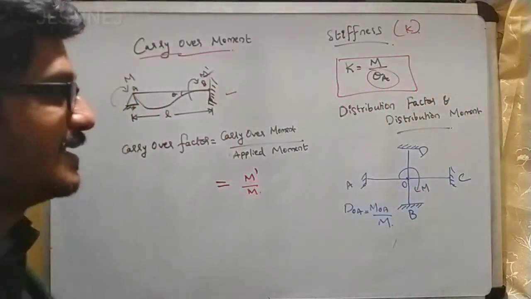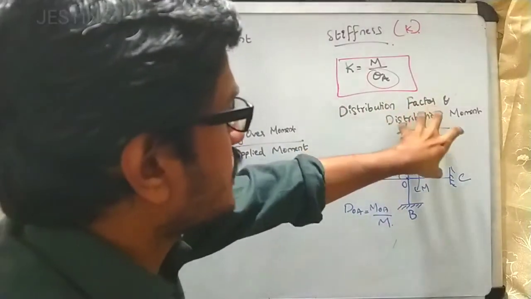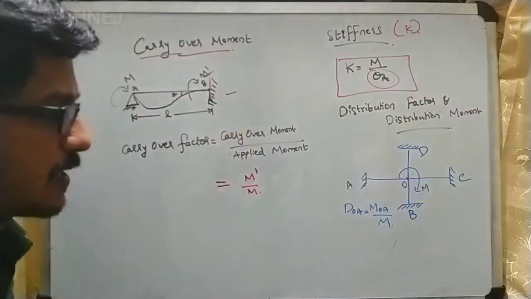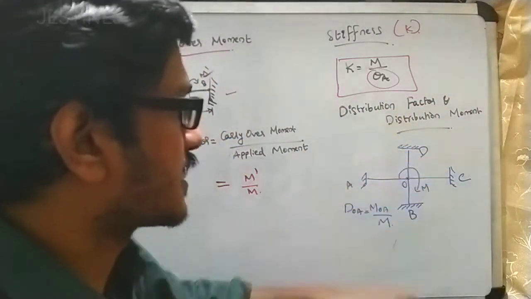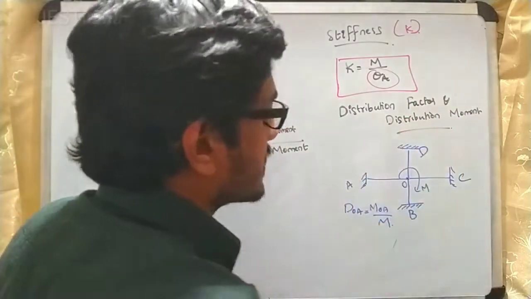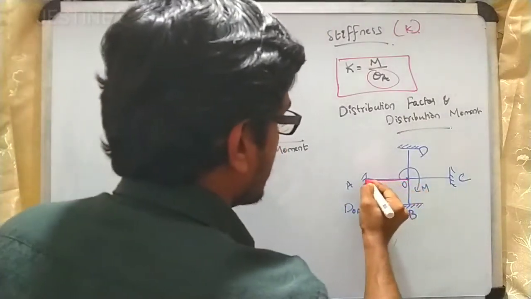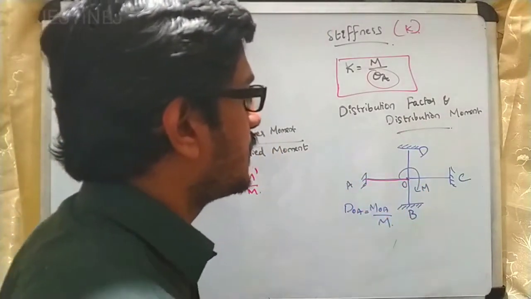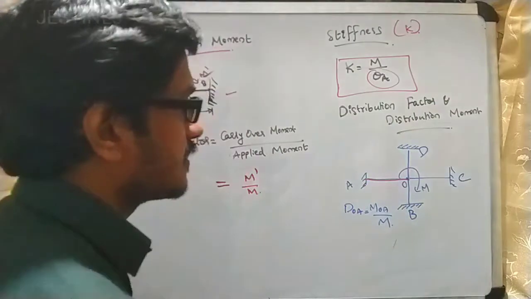Then there are the terms distribution factor and distribution moment. Here there are a lot of members connected at a joint O, represented as OA, OB, OC and OD.